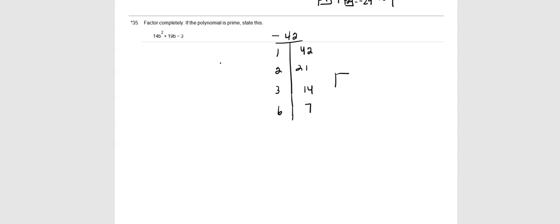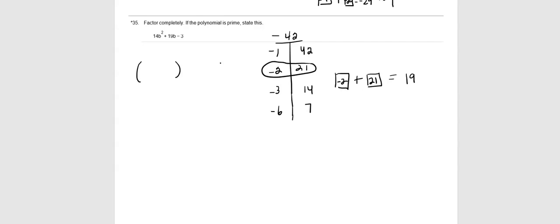And we're looking for which factorization will add to give us our B, and that's a positive 19. So since we're looking for a positive 19, that means the larger numbers will remain positive, but since this is a -42, the smaller numbers over here will be negative. And the only combination that will add to give us a positive 19 is the -2 and the positive 21.